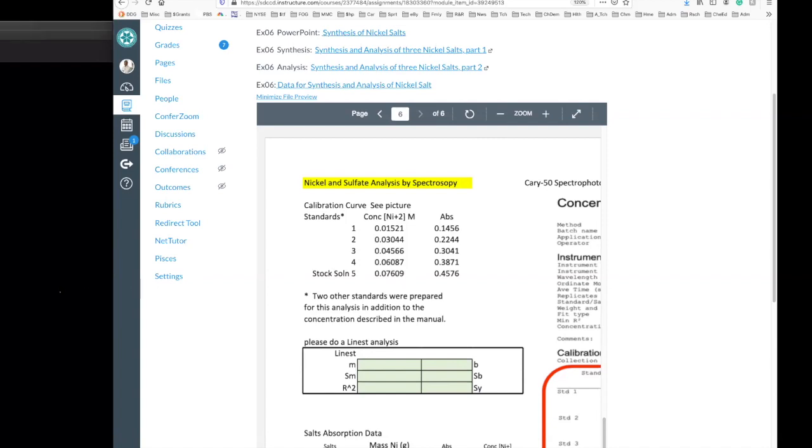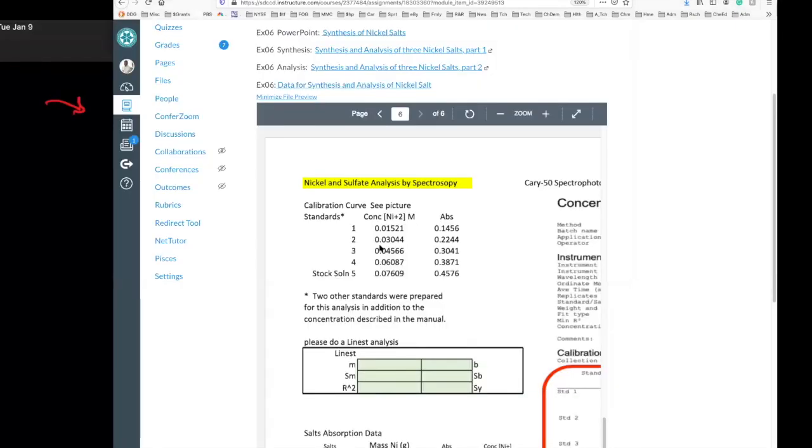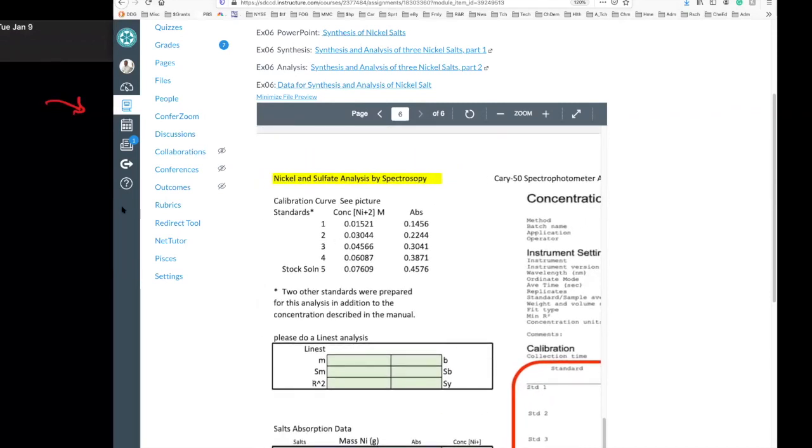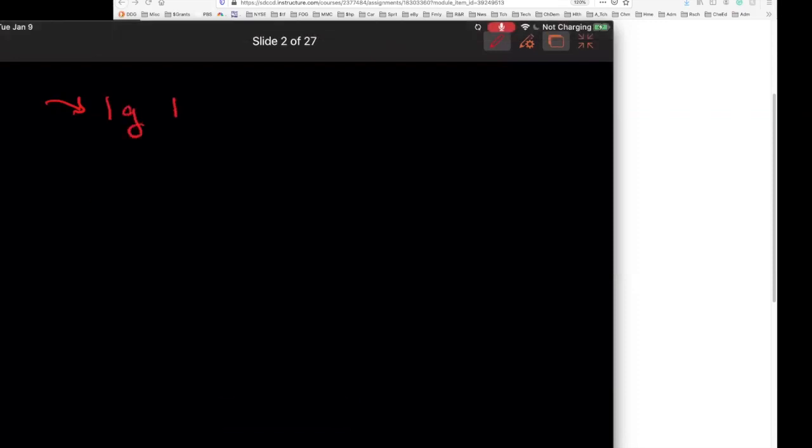Let's go back to the iPad. So you weighed about, according to this right here, you weighed about 1 gram of NiSO4 6 waters.